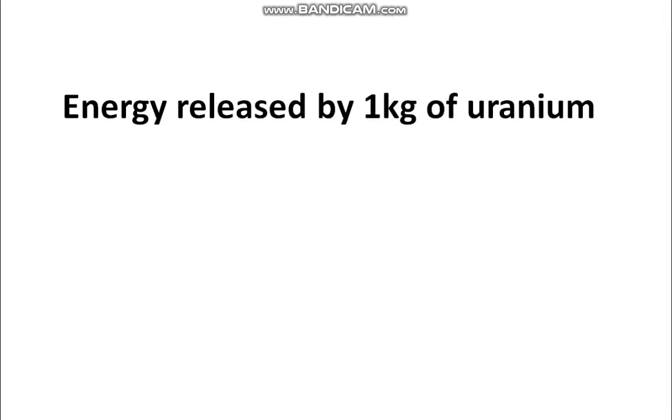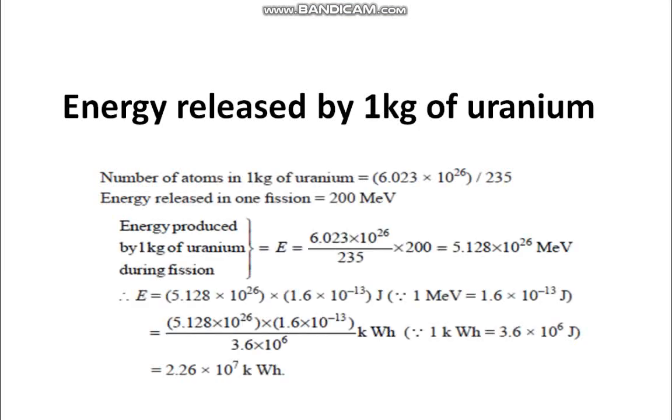Now, can you calculate the energy released by 1 kilogram of uranium? For this, we have to calculate the number of atoms in 1 kilogram of uranium. We know that the number of atoms in 1 gram of any substance is Avogadro number divided by its atomic mass. That is 6.023 into 10 raised to 23 divided by atomic mass of that substance.